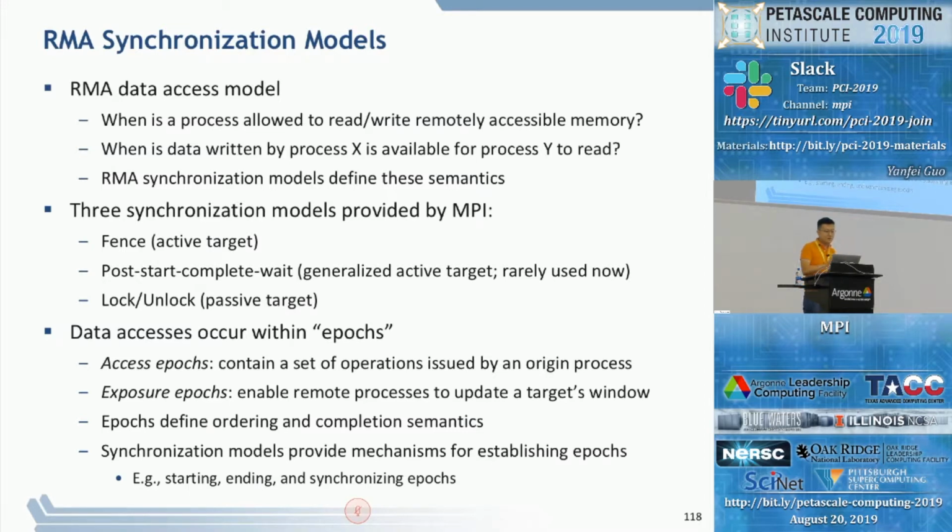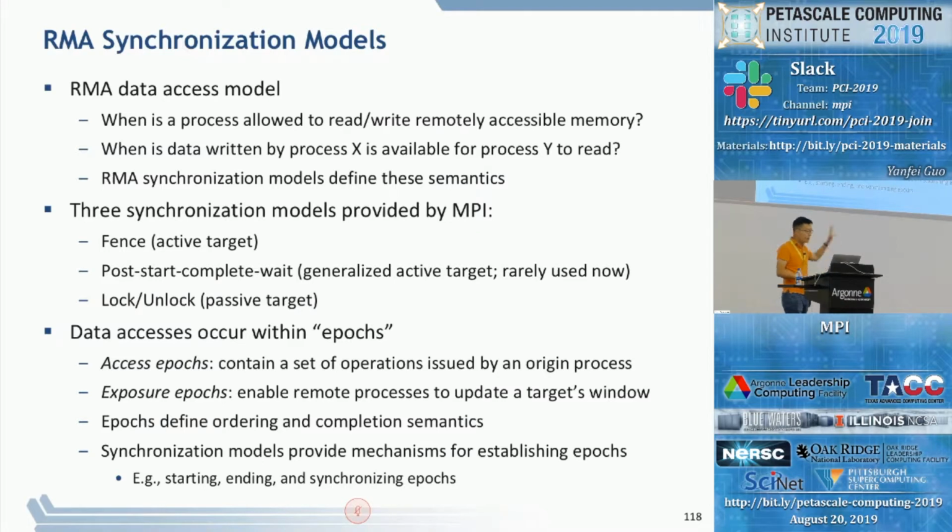This is synchronizing memory access, not processes. So if you're using RMA and really need to synchronize the processes and make sure everyone is at the same place, you still have to use an MPI barrier. You cannot rely on RMA synchronization for that. Just to make that clear.